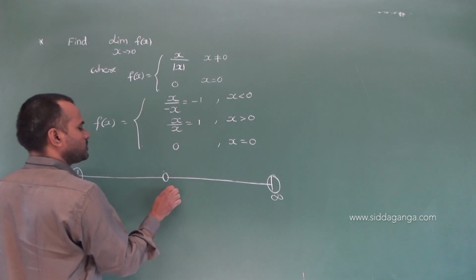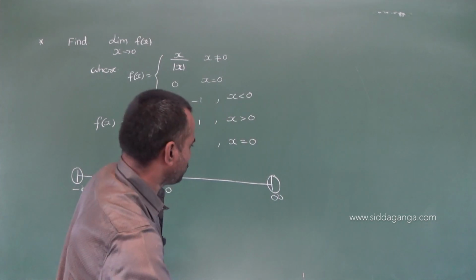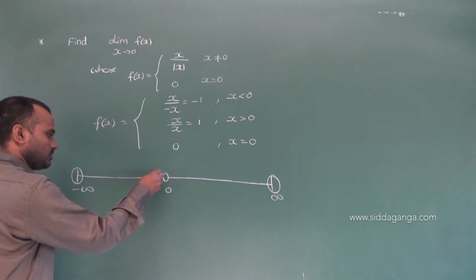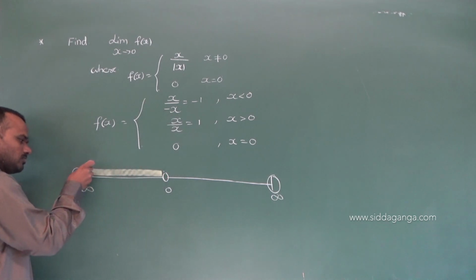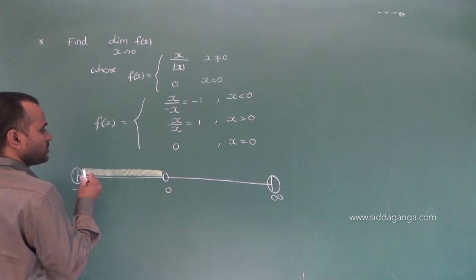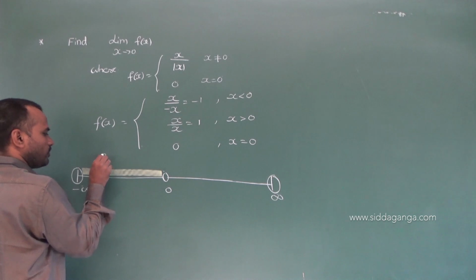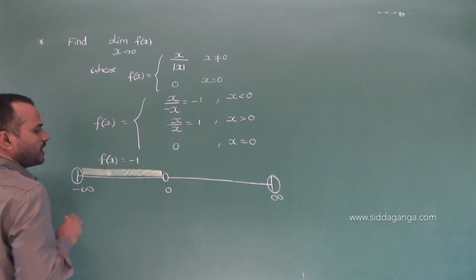The domain is 0. So for x less than 0, f of x is minus 1.